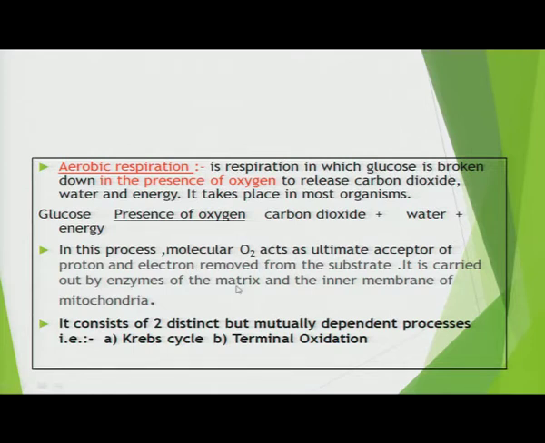In oxidative decarboxylation and glycolysis there is no involvement of oxygen, but in the Krebs cycle and terminal oxidation, oxygen is used, which is the ultimate acceptor of the protons and electrons removed from the substrate. It is carried by enzymes present in the matrix and the inner membrane of the mitochondria. Aerobic respiration has two distinct processes, the Krebs cycle and terminal oxidation.